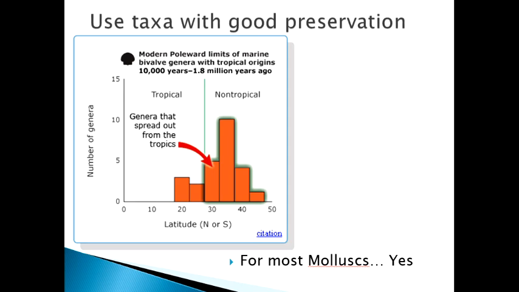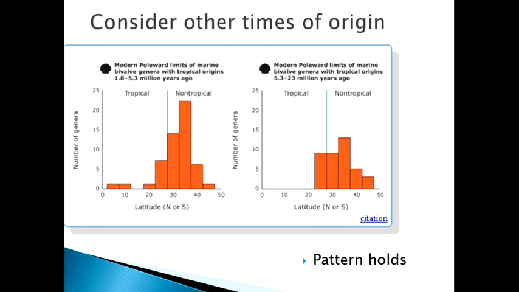Typically, you need to use taxa with good preservation. So our best data for this are from mollusks, clams and snails, but other things are starting to show this as well. You can change this or look at different ways, different times of origin. So one of these graphs, the one on the left, looks at bivalve originating relatively recently, between, say, about 2 and 5 million years ago.